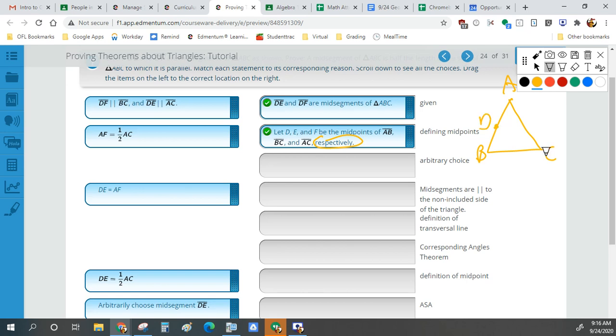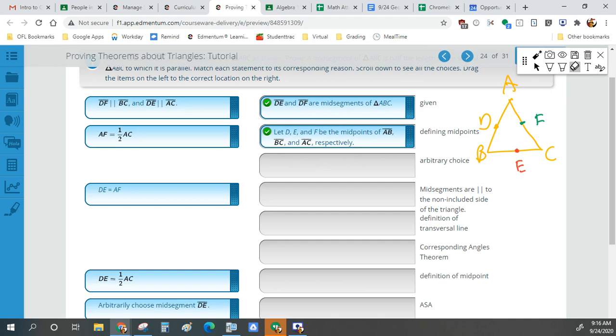So this is point D, because D is first and AB is first. E goes to BC, so this one should be an E. And then last is F, and that's going to cut AC in half. So this is our F. It helps when you're doing this to draw the triangle on the side, just to keep track of what's going on with your proof.